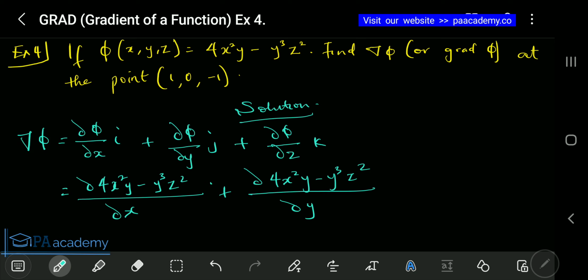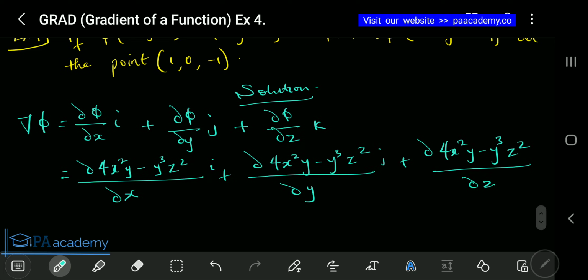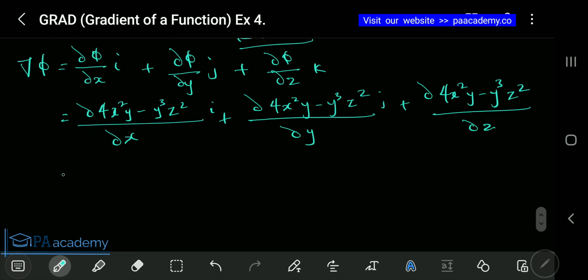So don't forget the i, then j, plus the partial differential of 4x squared y minus y cubed z squared over the partial differential of z. Alright, so now let's take it one after the other.